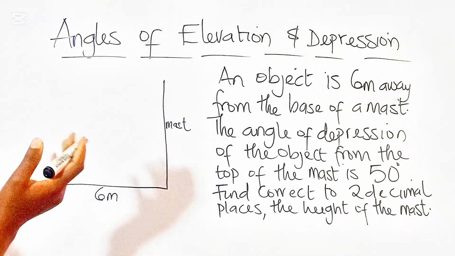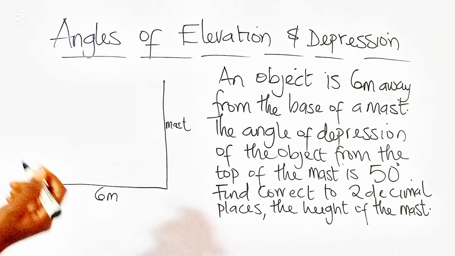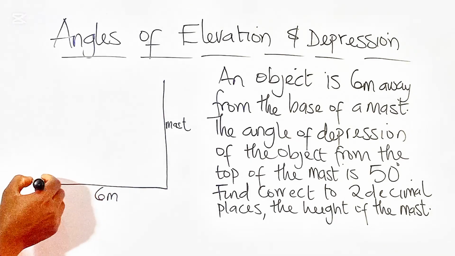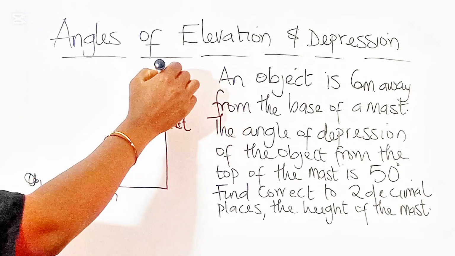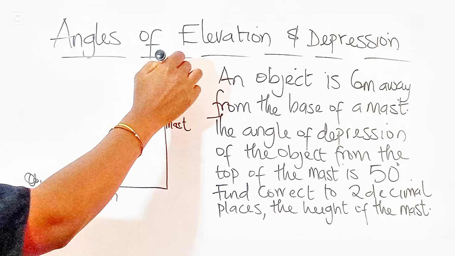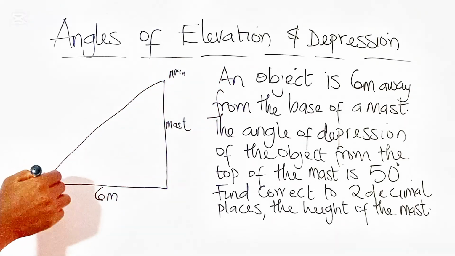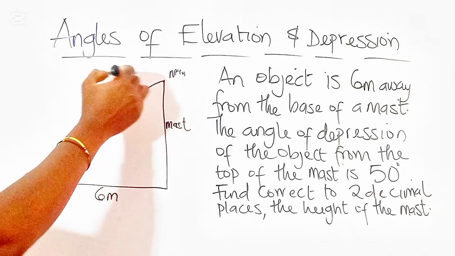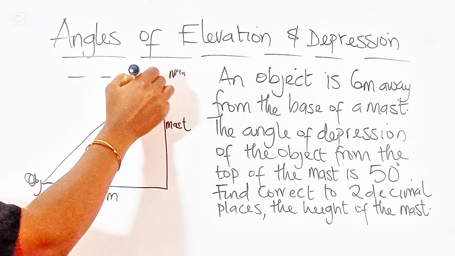The angle of depression of the object from the top of the mast is 50 degrees. Remember that means the object is down here and the man is looking downwards. So we have this, and the angle of depression is here, 50 degrees.